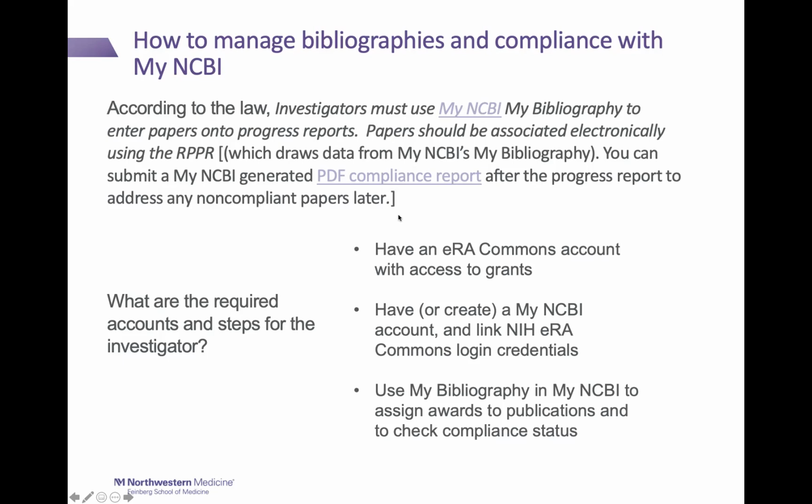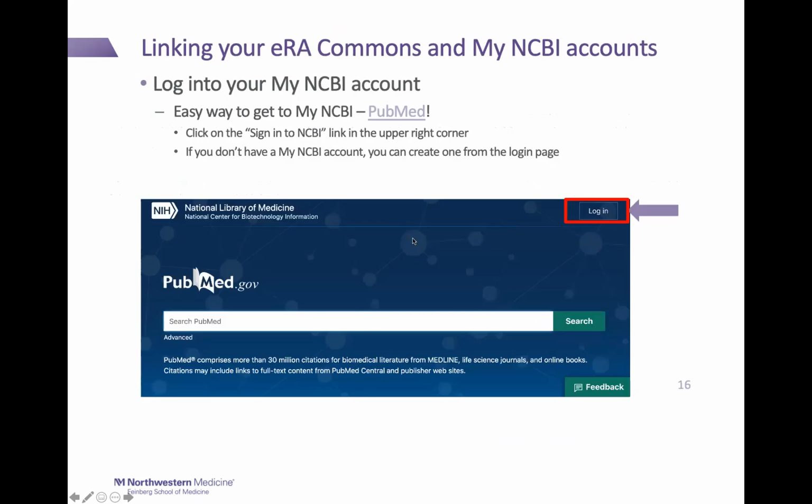So having said that, one of the easiest ways to get started in My NCBI is, everybody, or almost everybody knows where PubMed is. So you can start from PubMed and log into NCBI from the PubMed website.